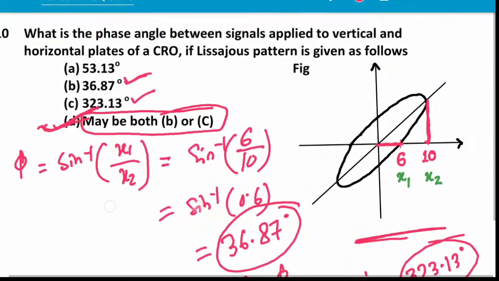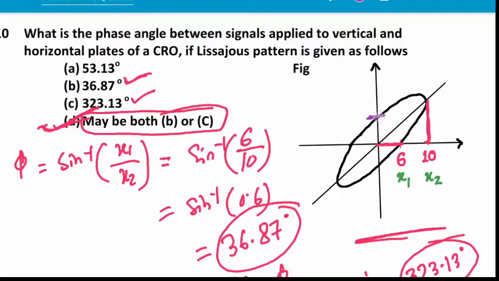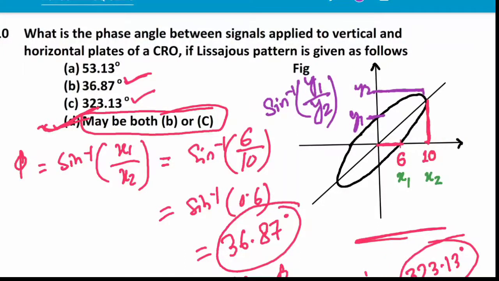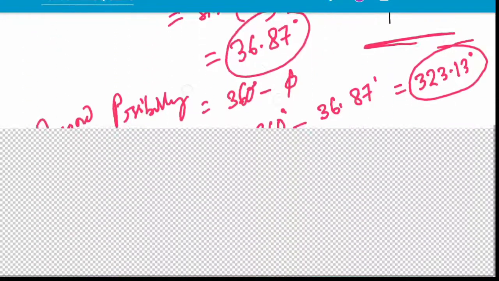If in the question the intersection is given on the y-axis, then the formula will also be sine inverse of y1 by y2, where this one is the small y1 and this will be y2. And if this is not in the first and third quadrant, but in the second and fourth quadrant, then what will be the formula?